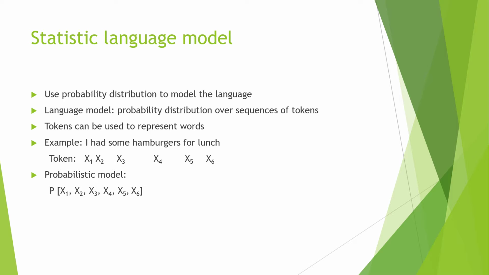And if you normalize your bag of words representation with a factor, you get a probability distribution, and that can be used to model the language or text that we obtained.